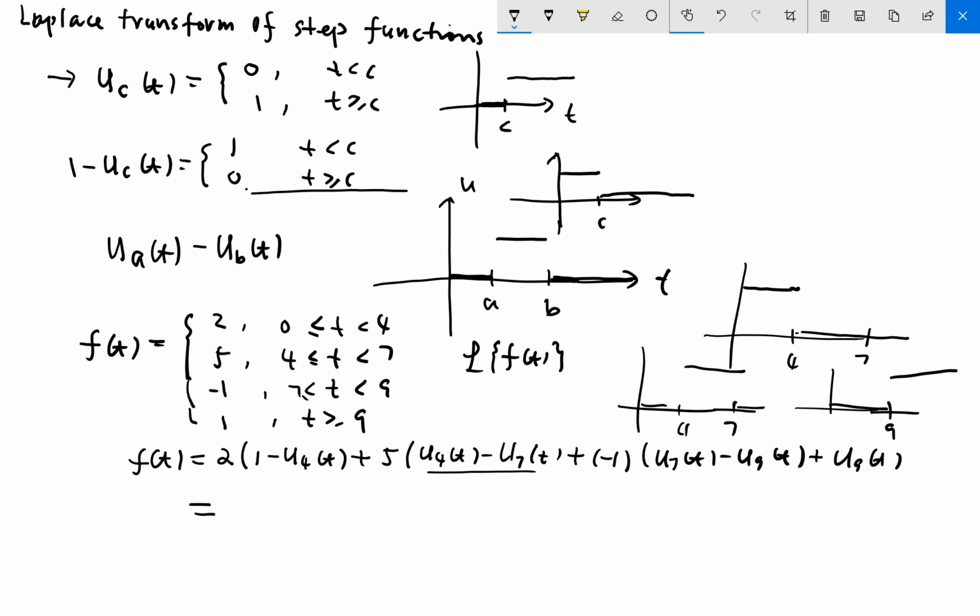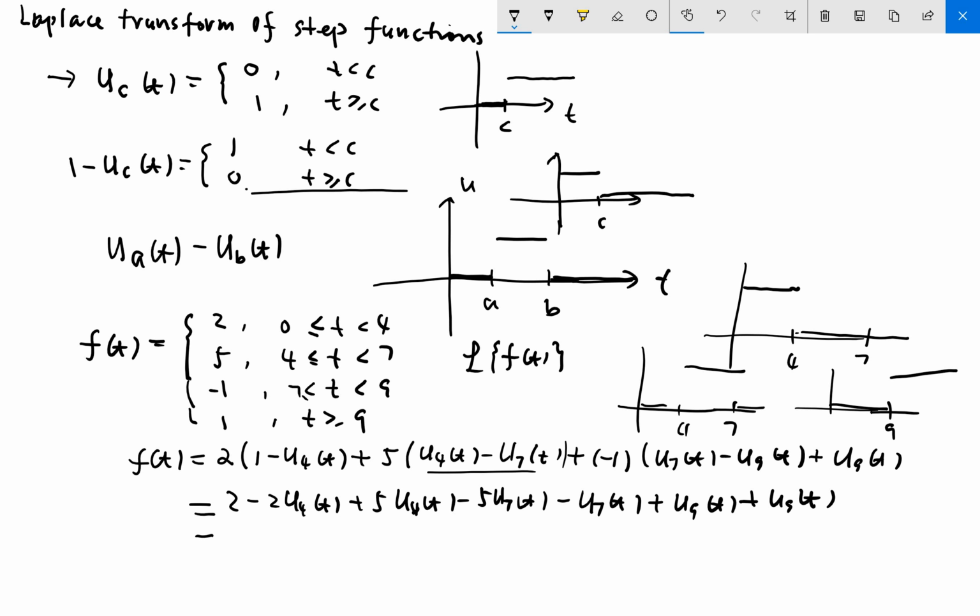Then you simplify this: 2 minus 2u_4(t) plus 5u_4(t) minus 5u_7(t) minus u_7(t) plus u_9(t) plus u_9(t). Simplifying, you get 2 plus 3u_4(t) minus 6u_7(t) plus 2u_9(t). So the goal is that we write the piecewise defined function f(t) as one expression.